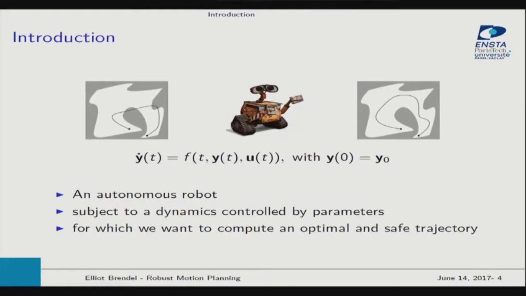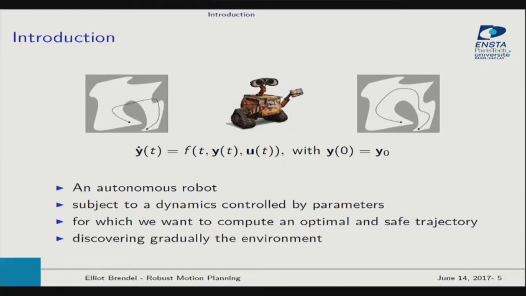And so we want the robot to perform its task and to move in an optimal and safe trajectory. And we also assume that it discovers its environment gradually. So the robot doesn't know the entire map.